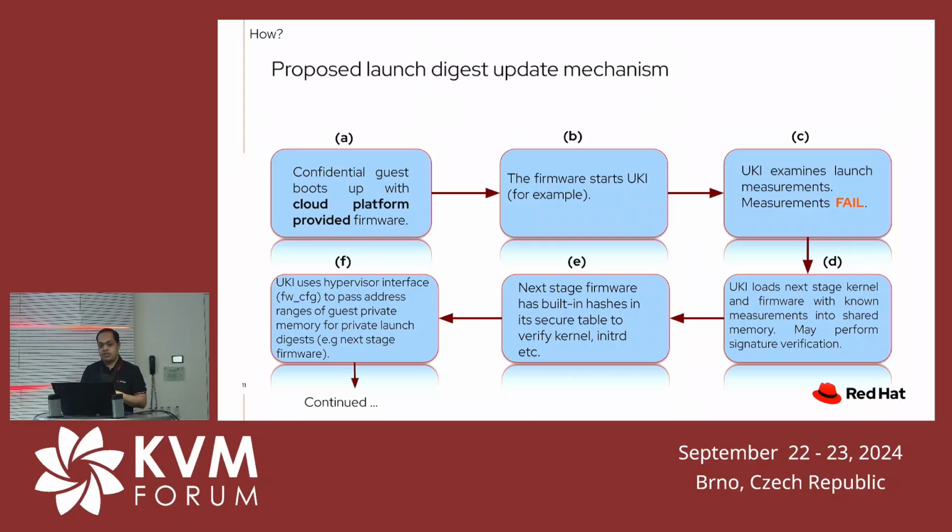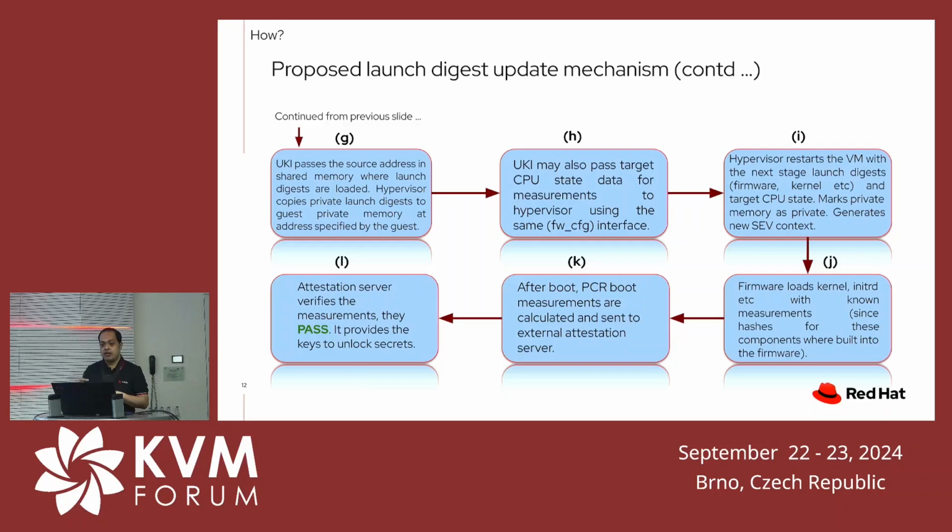The launch measurements can be mapped privately in the guest memory, or they can be shared. And the UKI also tells the hypervisor whether a particular launch measurement is private to the guest, or it can remain shared.